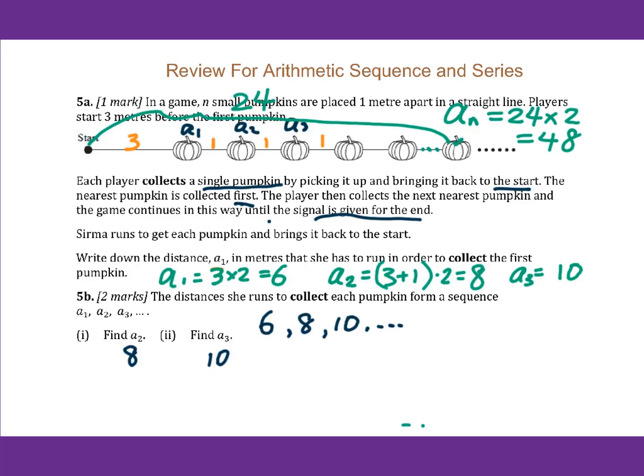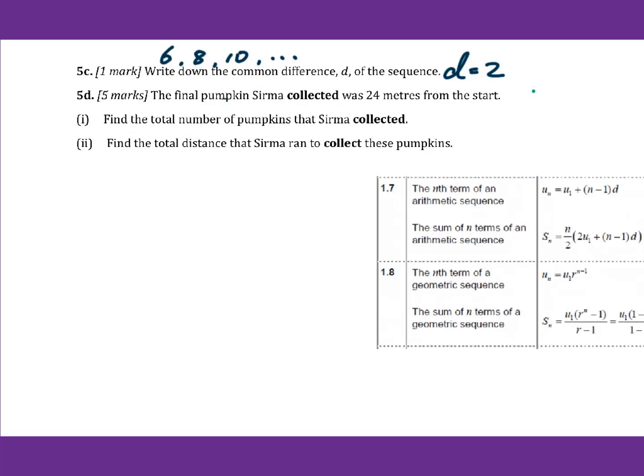Remember, A sub n stands for the distance from start to this pumpkin and back. Therefore, this is 48, it's not 24. So A sub n equals 48.